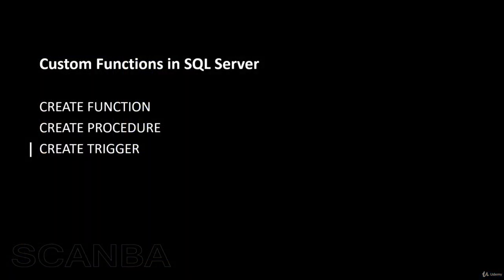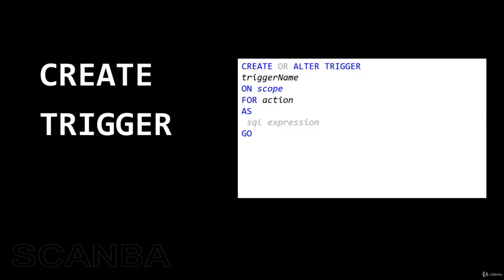The third way for creating custom functions is to create triggers. In fact, a trigger is a special type of stored procedure. Triggers are automatically executed by the SQL server when a specified event occurs. The SQL server distinguishes three types of triggers: data manipulation triggers that can modify the data, data definition triggers that can create and delete database objects, and login triggers that react on the SQL server login events.